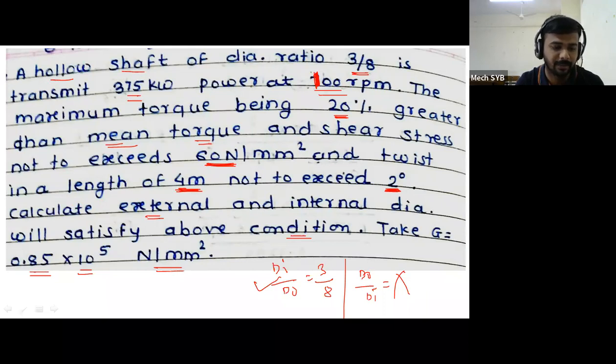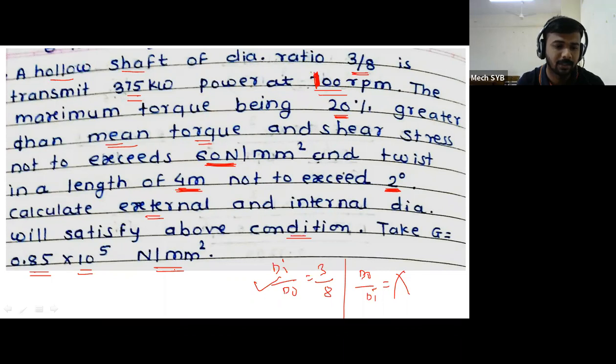So this is the statement where the shear stress is mentioned and angle of twist is also mentioned. So we have to take both conditions for the calculation, and at the end we have to compare both diameters: the diameter obtained from the shear stress value and the diameter obtained from the angle of twist value. Either the angle of twist diameters will be maximum or the shear stress diameters will be maximum. Those maximum values we have to consider for designing the shaft.